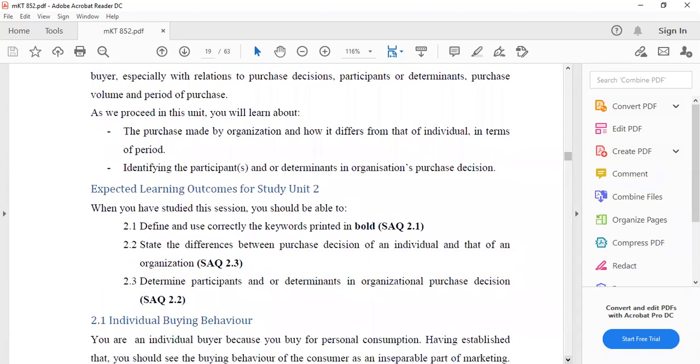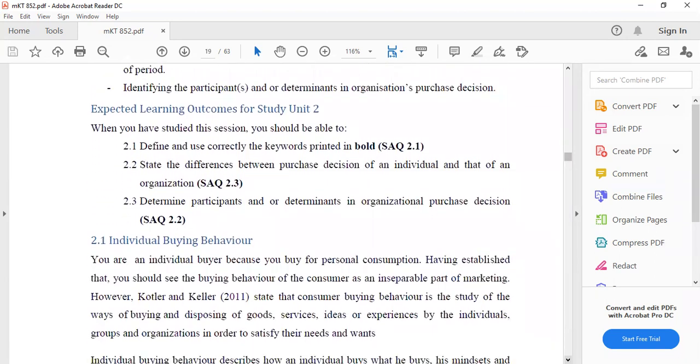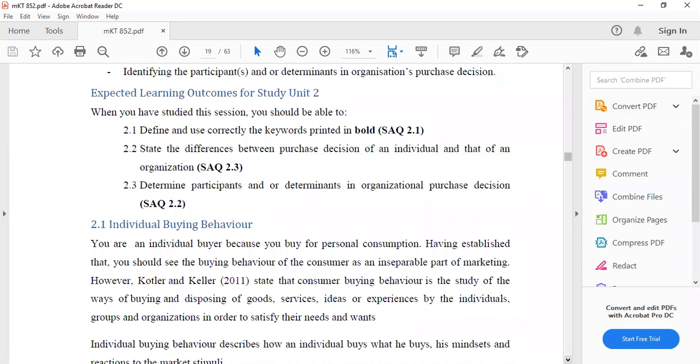So on this note, we had explained what individual buyer behavior is, or consumer behavior. That of organizational buyer hinges on purchases made by organizations either for reproduction or for production or for resale or for consumption.